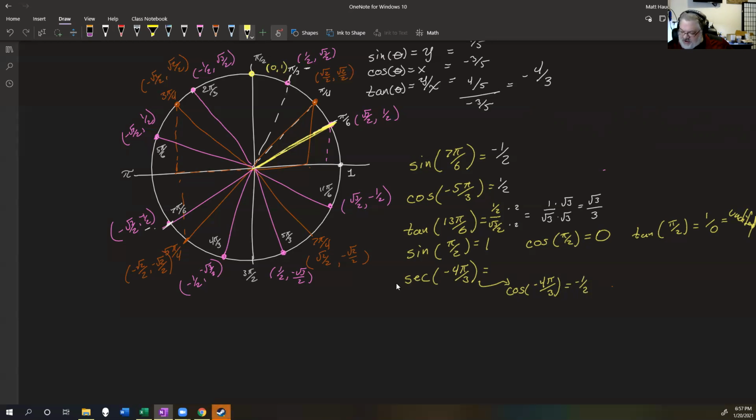Well, what does that tell us about what the secant is? Would the secant have to be -2/1? Yep. It's the reciprocal. Neat.